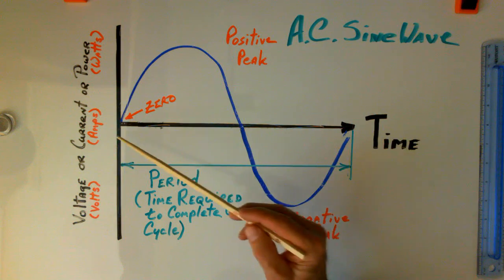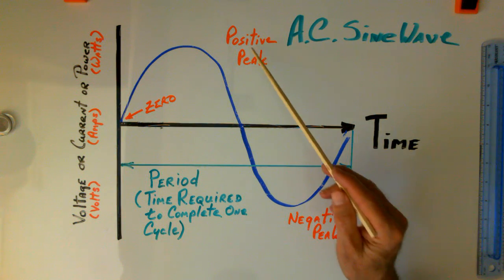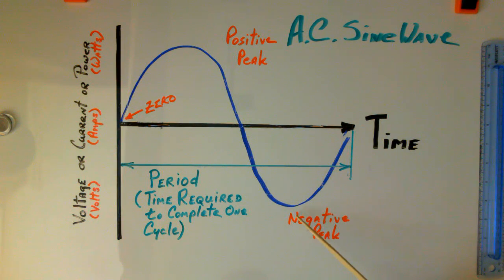So my sine wave has a positive peak and a negative peak. If I look at this cycle, the distance from the starting point to the end point of one cycle we call the period, and that is the time required to complete one cycle.